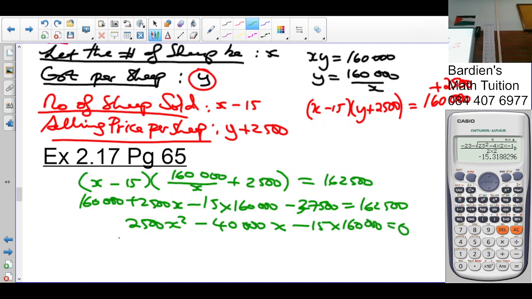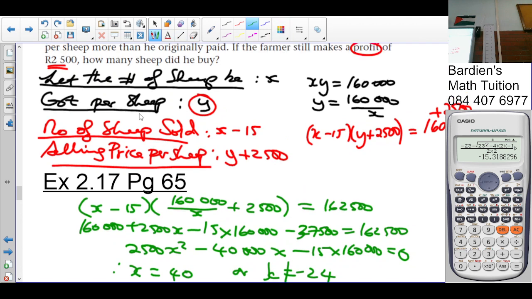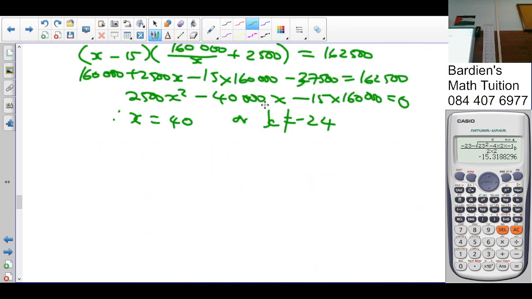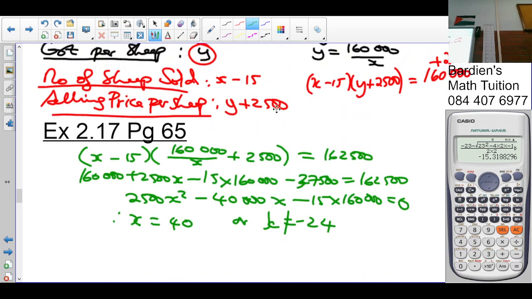So x works out to be 40, or x works out to be negative 24. It can't be negative 24. The question was, how many sheep did he buy? He bought 40 sheep in total.